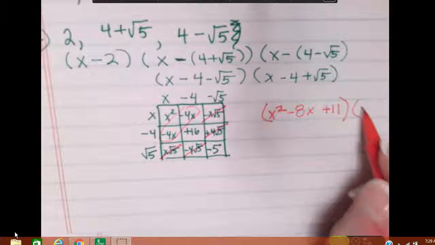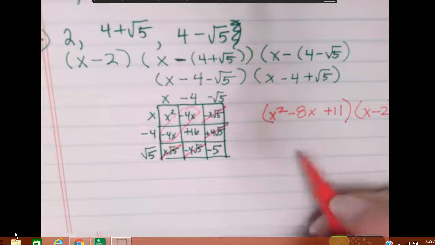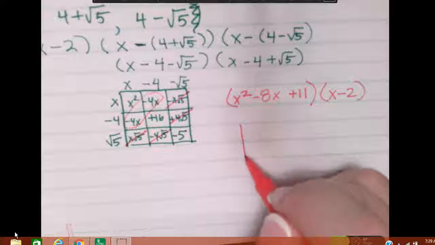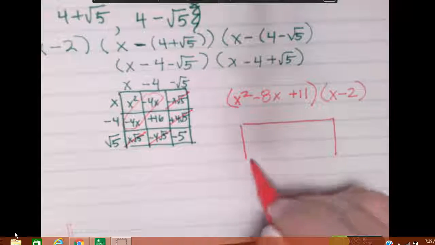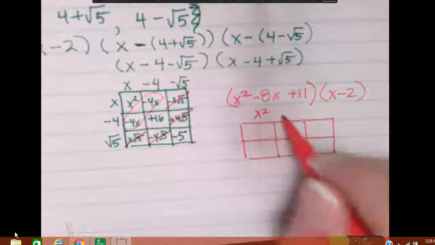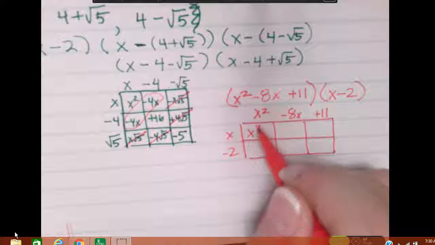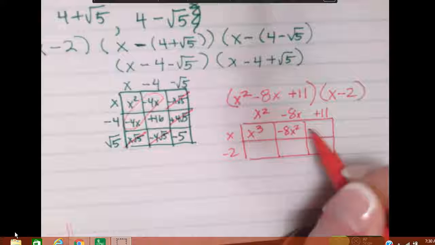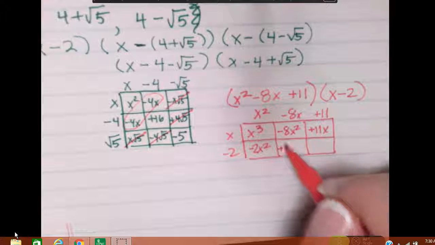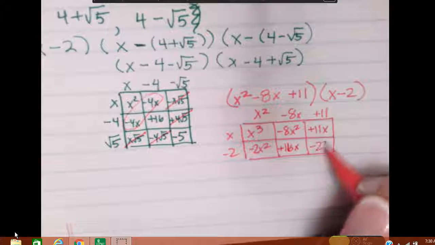And I could go ahead and multiply that times x minus 2, which I'm also going to use the box method for. I just love how organized it is. X squared minus 8x plus 11, x minus 2: x cubed minus 8x squared plus 11x, minus 2x squared plus 16x, and minus 22.